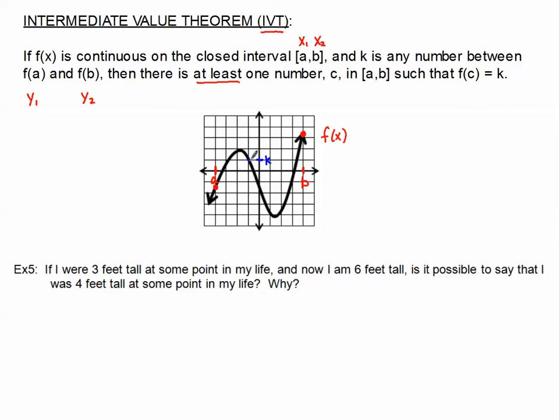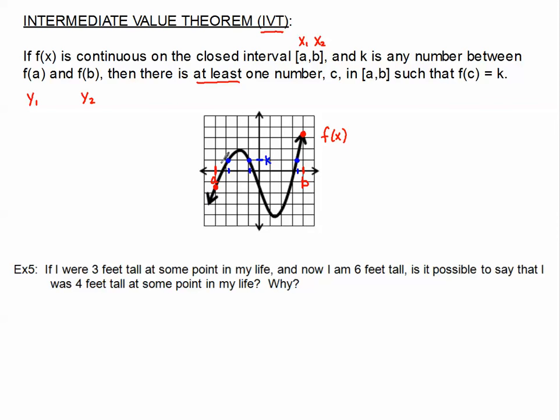And in fact, there's actually three different times in my interval. There's this x value that has the output of k, there's this x value that has the output of k, and there's this x value that has the output of k. It says there has to be at least one. We actually have three outputs that would be equal to k.